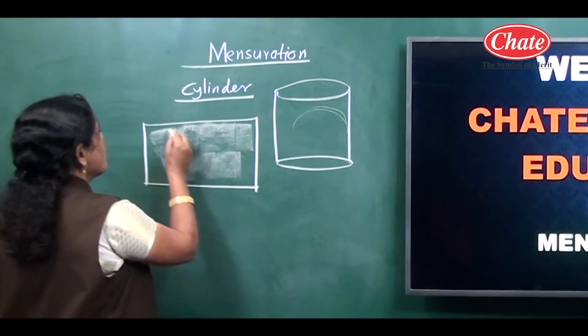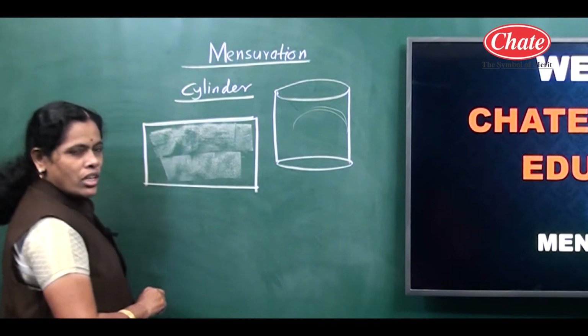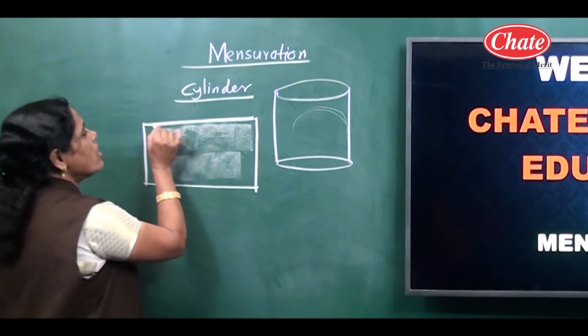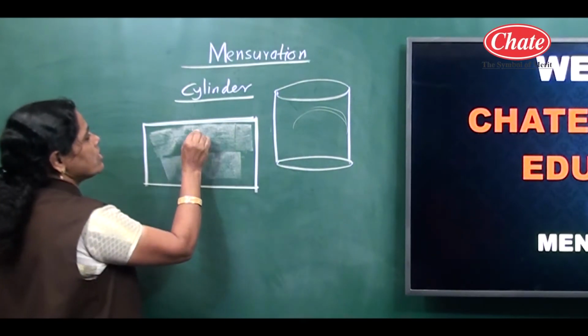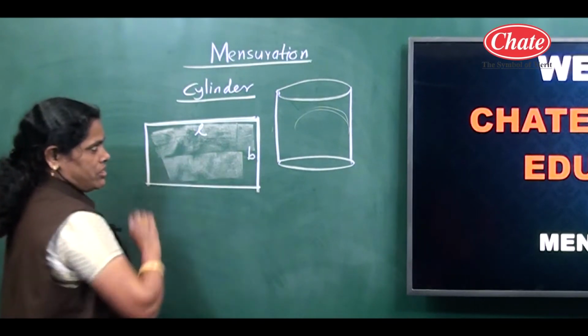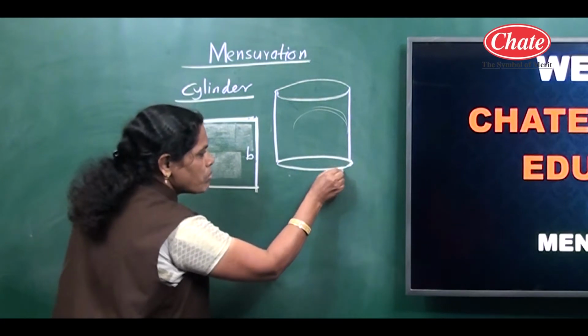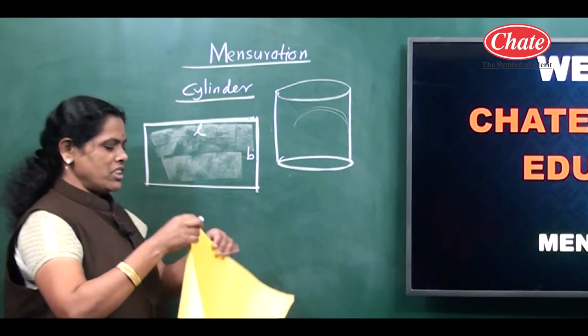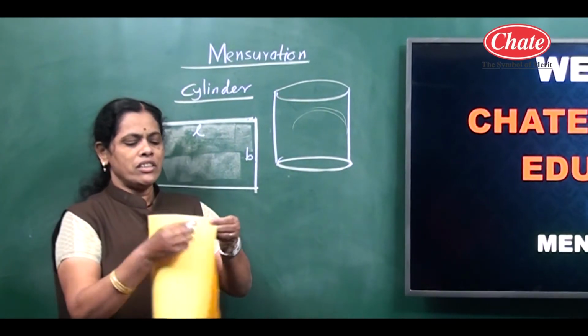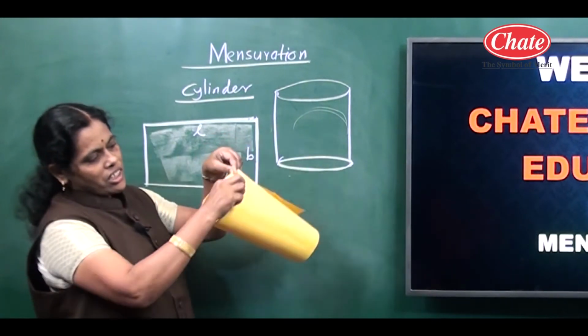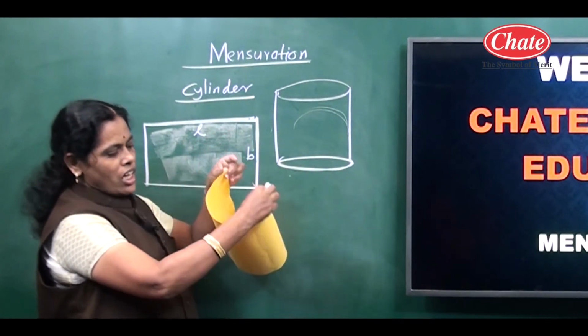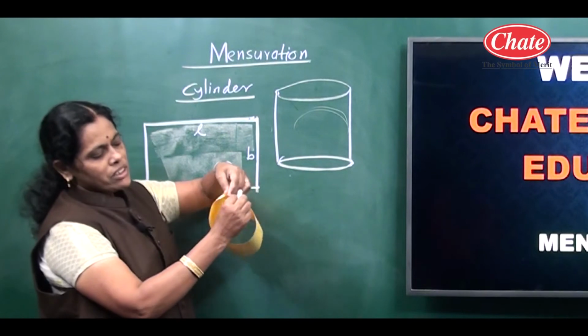Okay, means area of rectangle. You know how to calculate the area of a rectangle? Length into breadth. This is the length and this is the breadth. See here in this figure, this is the length of the rectangle. If you fold this, it becomes a cylinder.